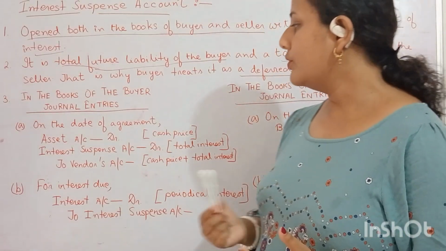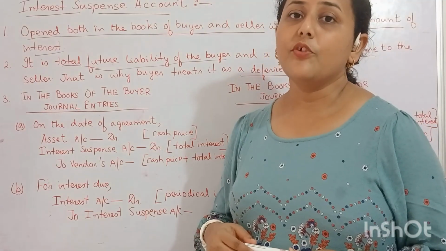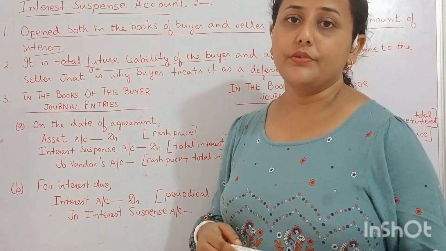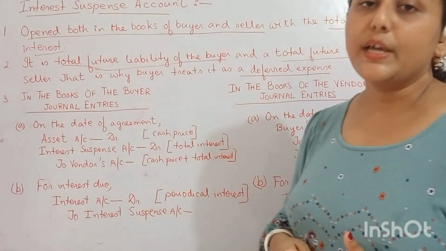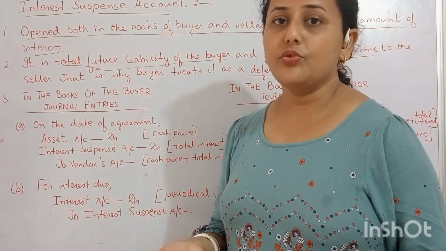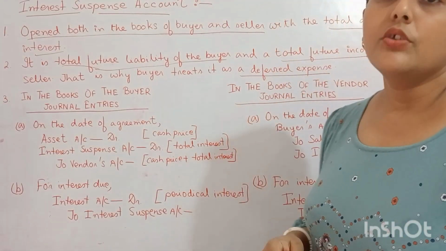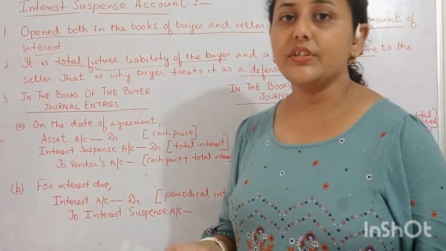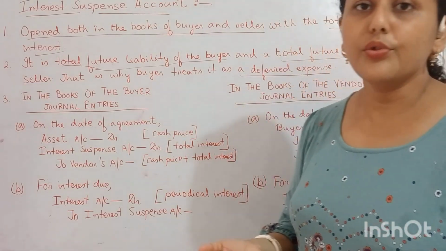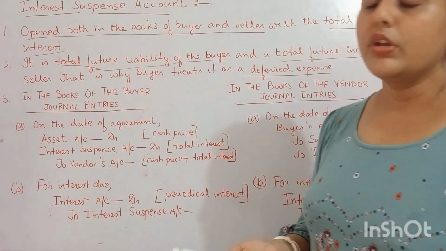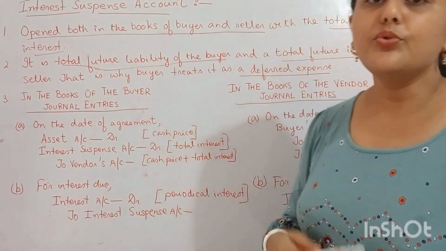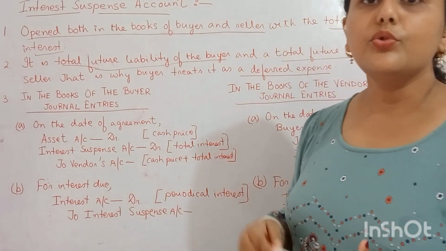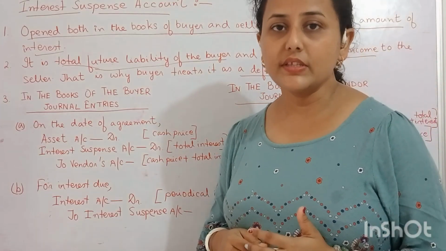Then for charging of depreciation, the buyer is going to calculate the depreciation of the asset. So it is depreciation account debited to asset account. You all know, very easy. Then interest and depreciation are transferred to the statement of profit and loss account.